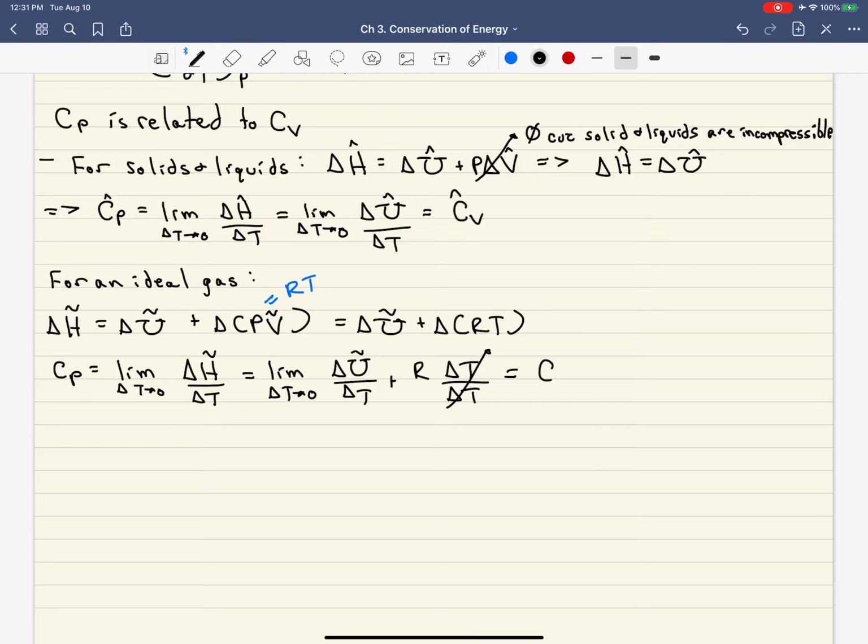Since we know this is the definition of the constant volume heat capacity, what we're left with is that the constant pressure heat capacity for an ideal gas is equal to the constant volume heat capacity plus the gas constant.